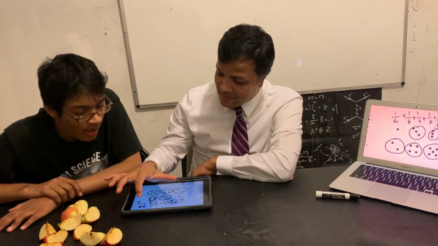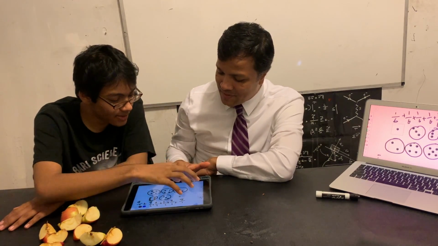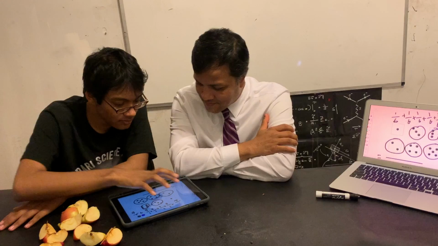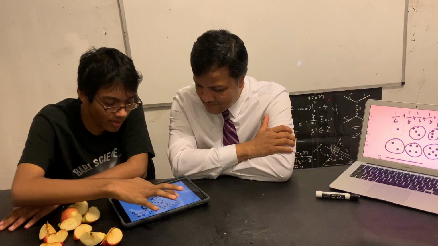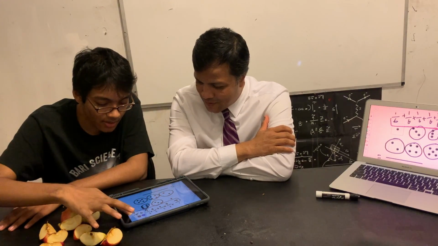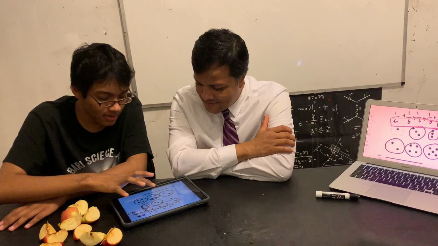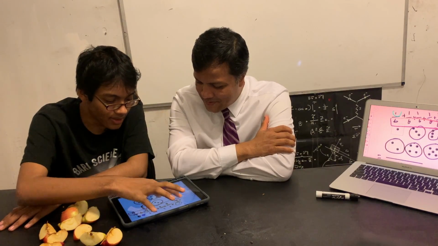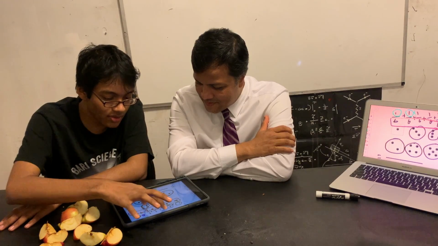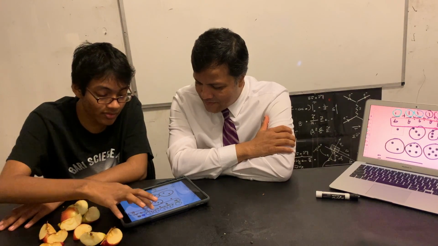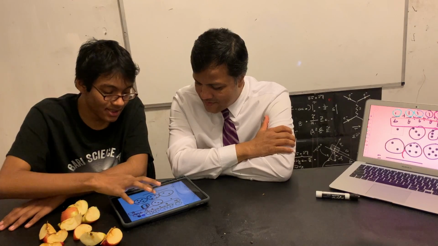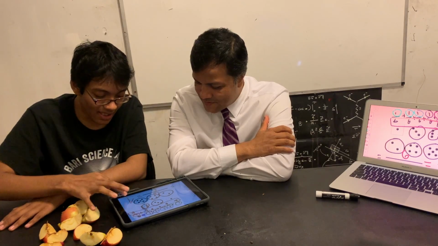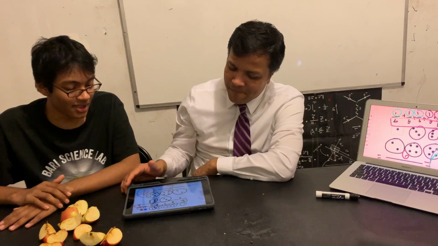So can you add them now? On the bottom, the common denominator is 6, and on the top you add them up: 1 plus 1 is 2, plus 1 is 3, plus 1 is 4, plus 1 is 5, plus 1 is 6. 6 over 6 is 1.